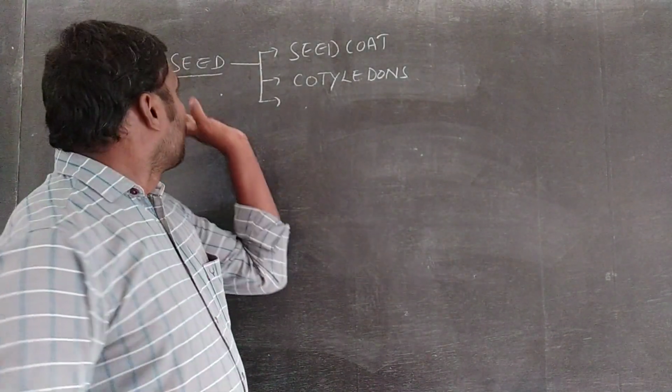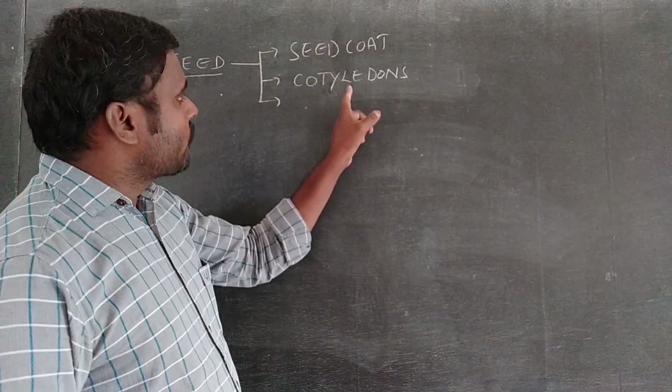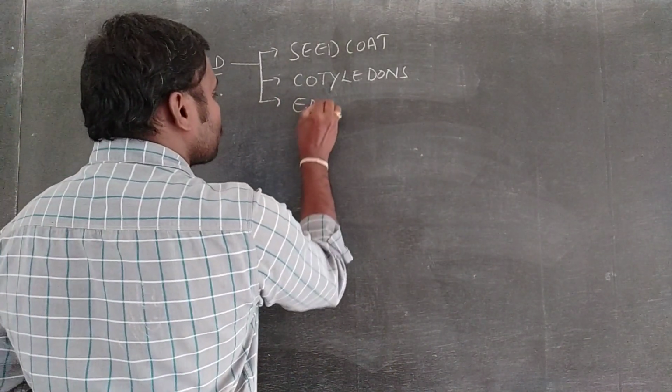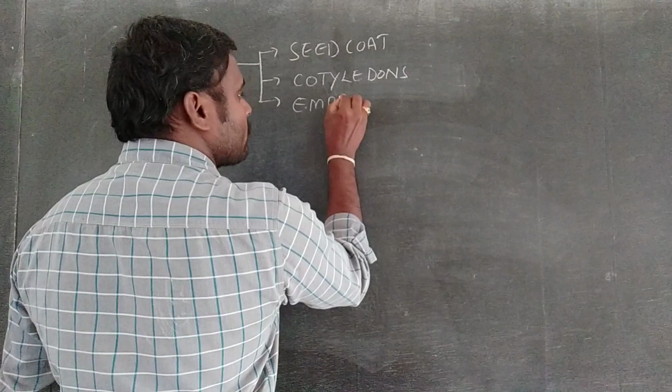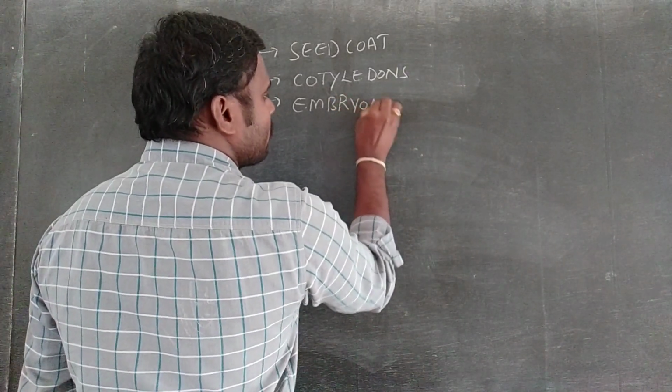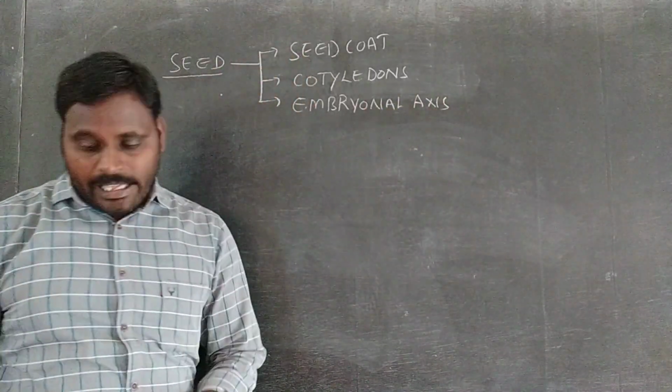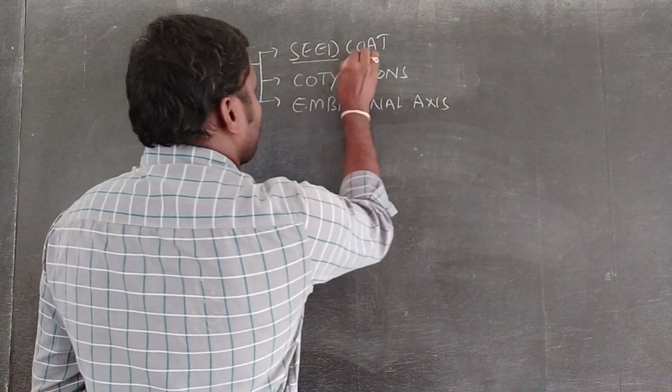A typical seed mainly consists of seed coats, cotyledons and embryonal axis.